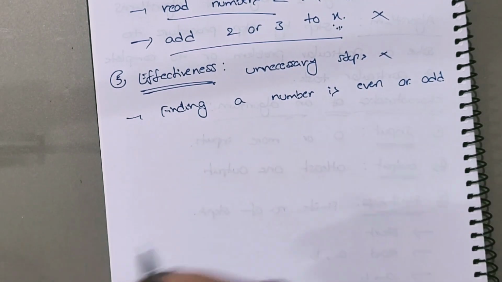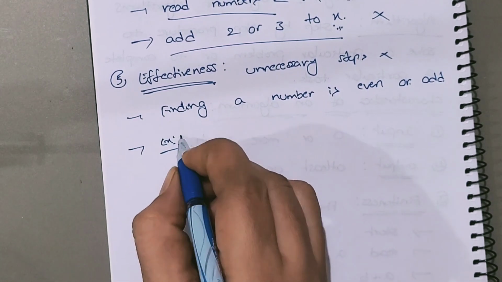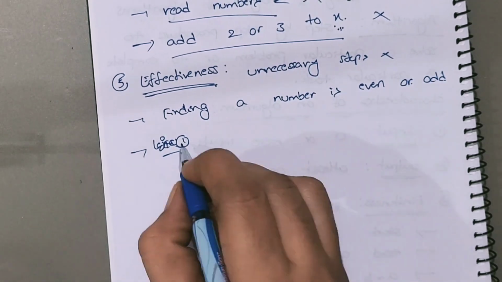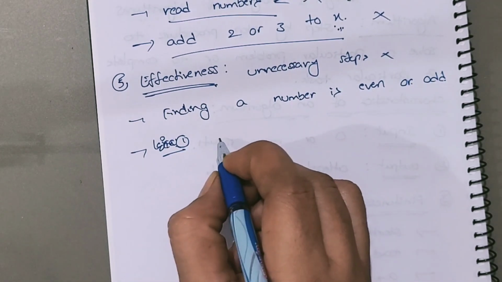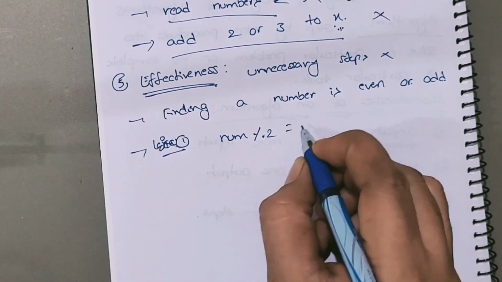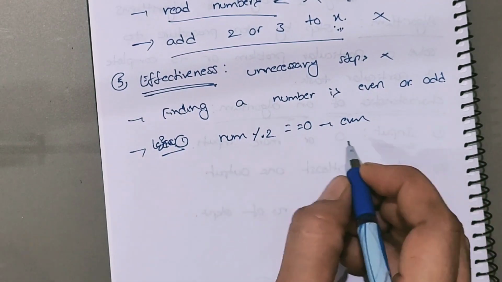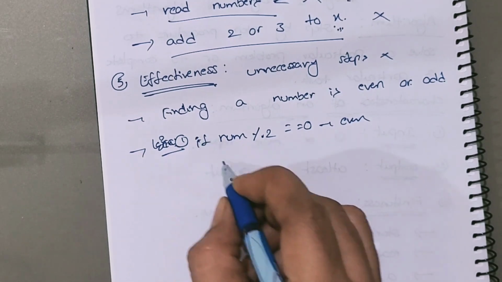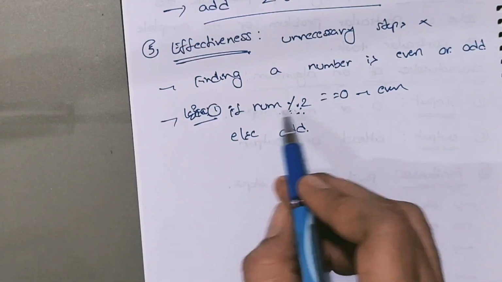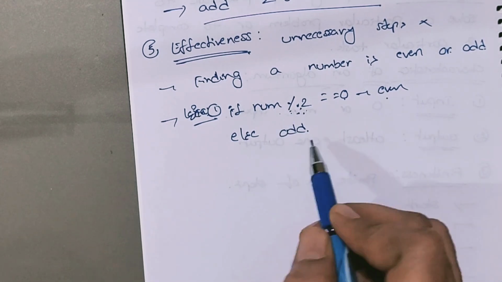For example, to find an even number, you may have many logics. Logic 1: if number mod 2 equals 0, then it is even, else odd. If the remainder is 0, then the number is even, otherwise the number is odd.